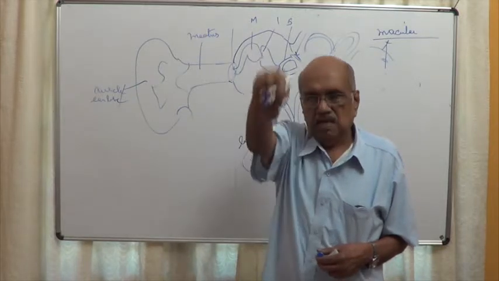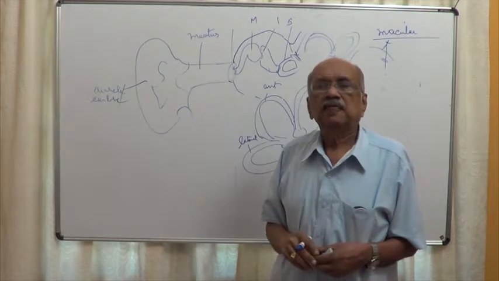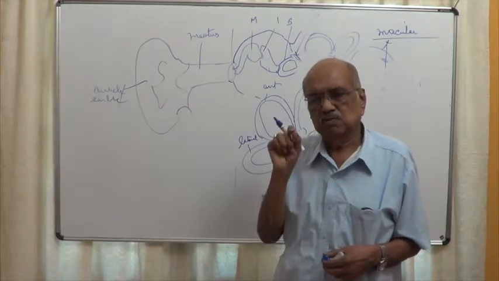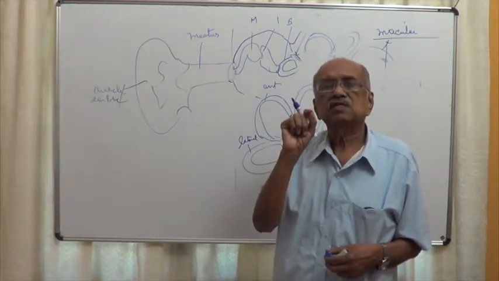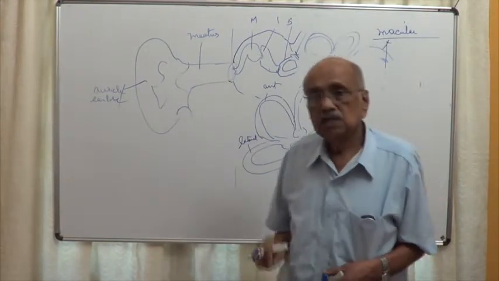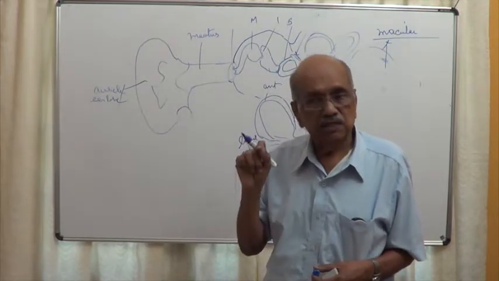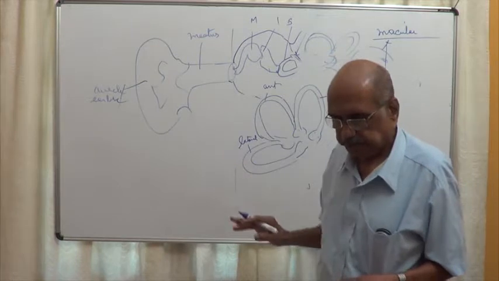So one is like that, one is like this, and one is like this. Three semicircular canals, very small, of the size of a split pea in humans.